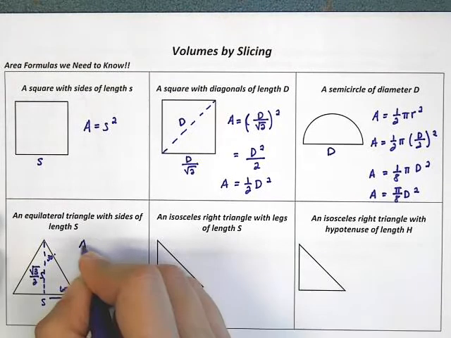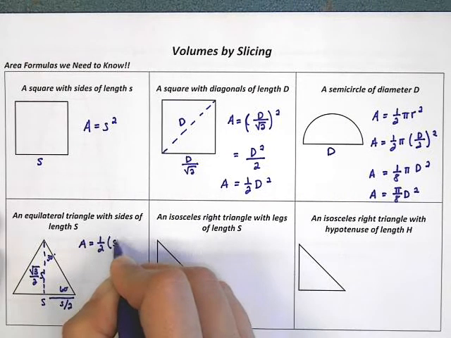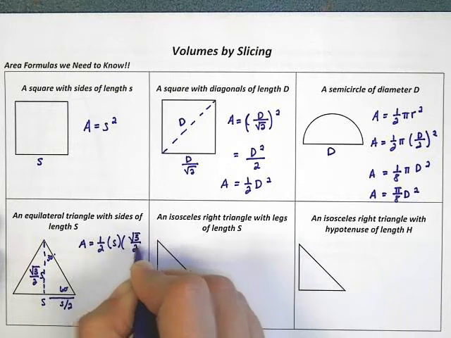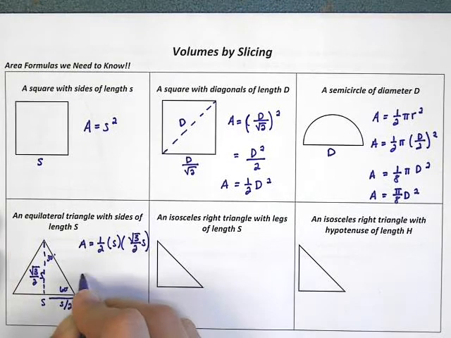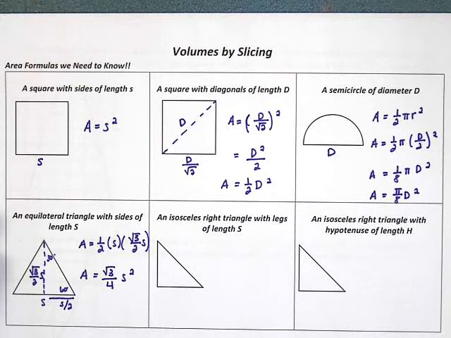So if we use the regular area formula for a triangle, 1/2 times the base, which is s, times the height, which is the square root of 3 over 2 times s, we would end up with the square root of 3 over 4, s squared.